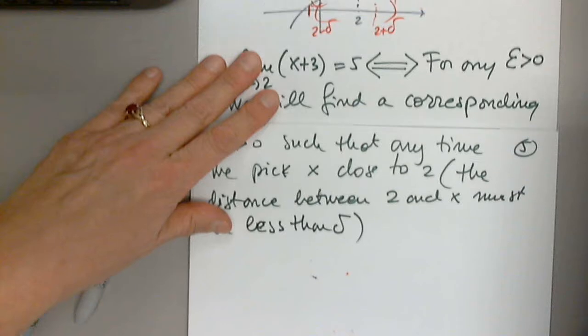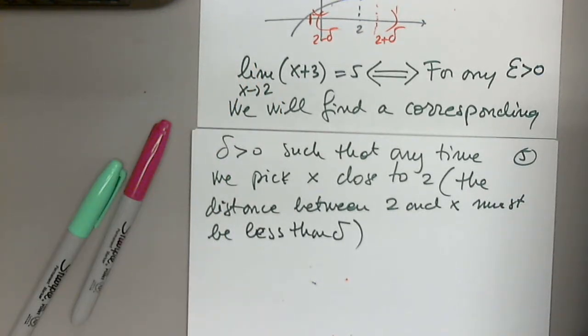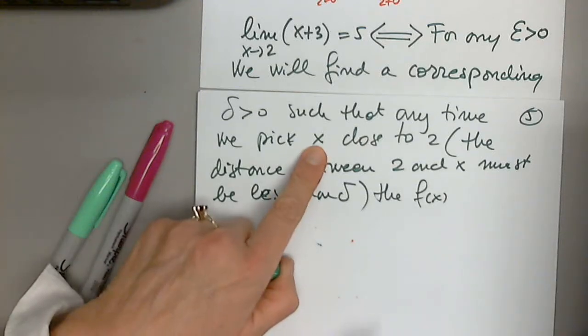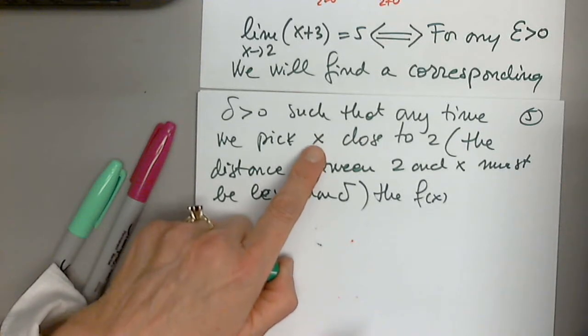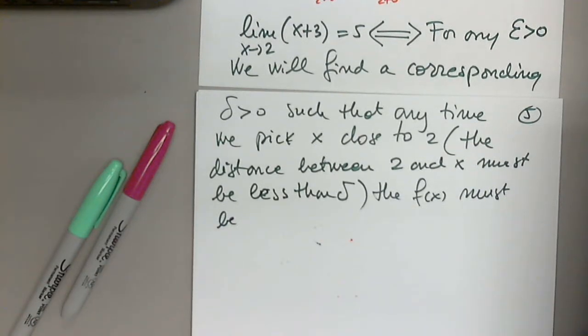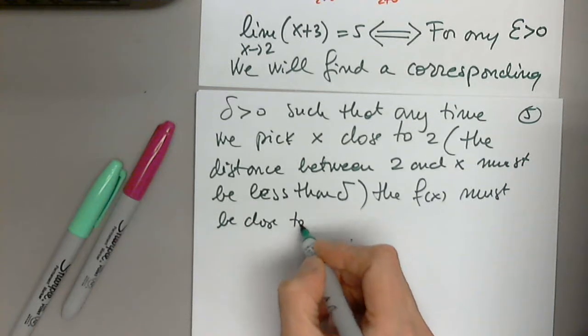So let's go back for a moment. That limit is 5 implies for any epsilon greater than 0, we will find the corresponding delta greater than 0 such that any time we pick x close to 2, meaning the distance between x and 2 is smaller than delta, the f of x for this x must be close to 5, indeed.